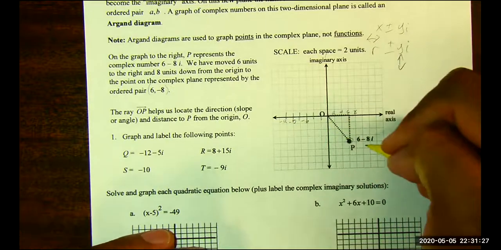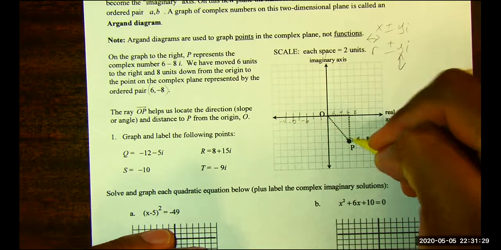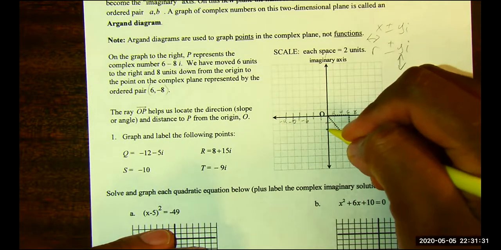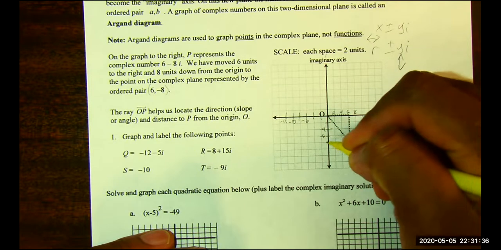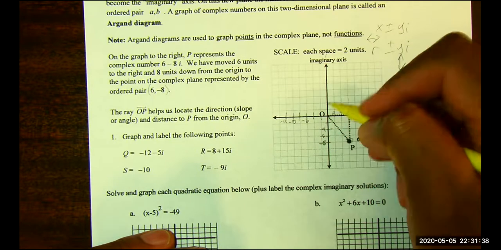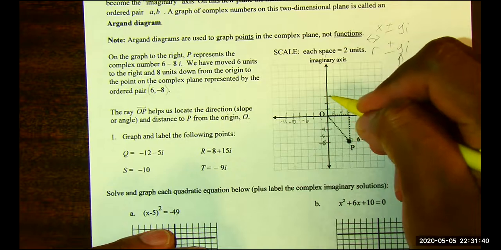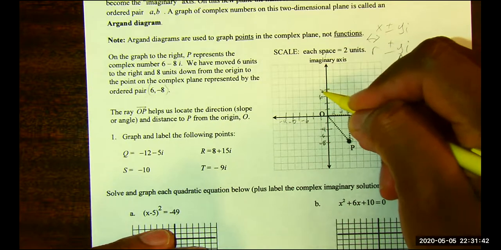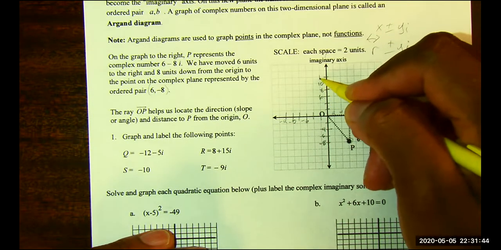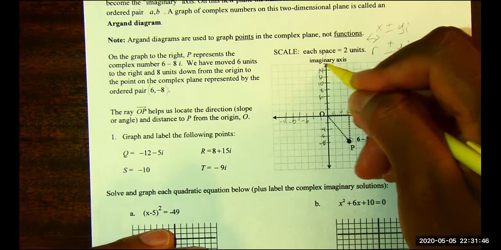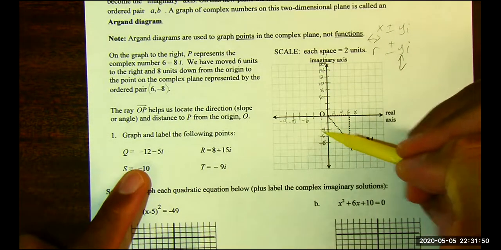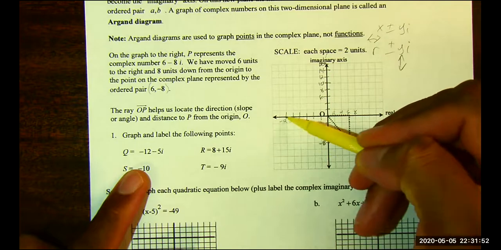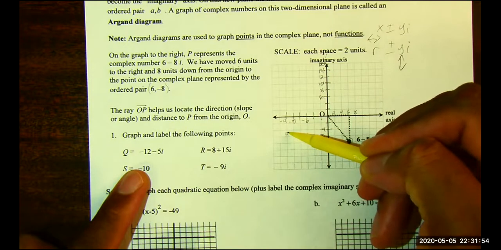Let's go ahead and do this. 1, 2, 3, 4, 5, 6, 7, 8. Okay, so -12, -5. -5 is halfway in between.